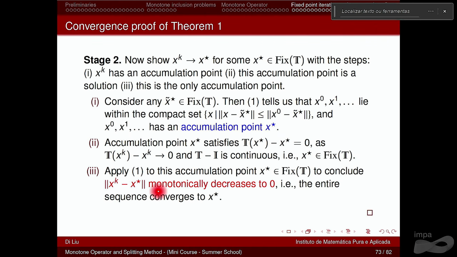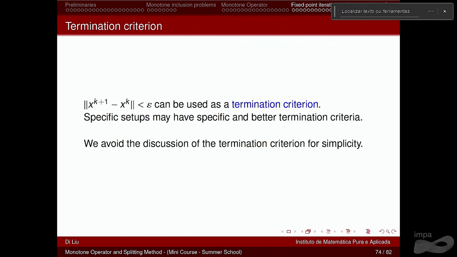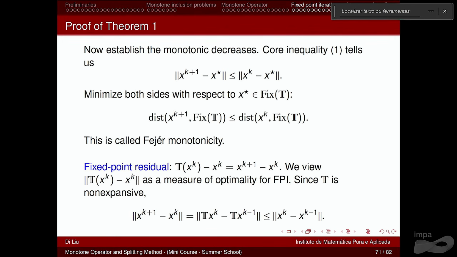So we just use inequality 1 first. From the first inequality, we know the norm of xk minus x star is monotonically decreasing. Let's go back here.